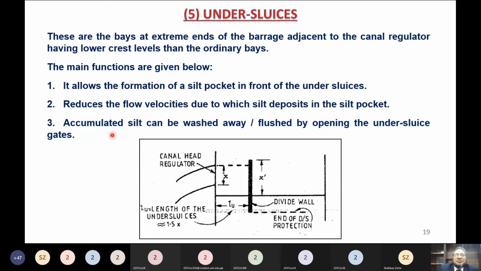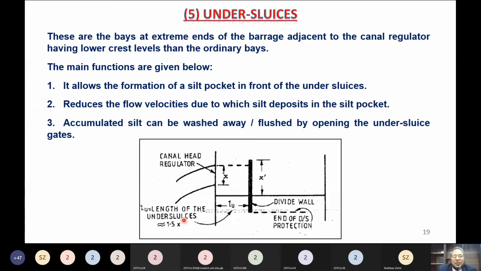Now, what are the functions of these? Now you can see this is the plan of a barrage. This one is the divide wall, and this is the direction of flow, and this is the head regulator of the main canal, and this is an off-taking canal. Let's say X is the length of the head regulator of the main canal. Then how much should be the length of the under sluice portion?